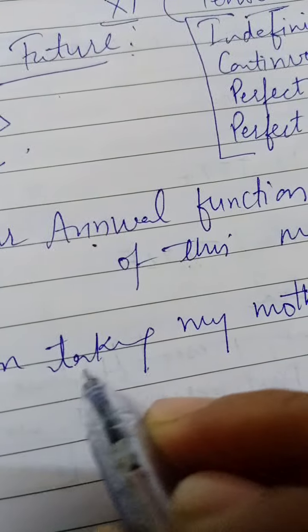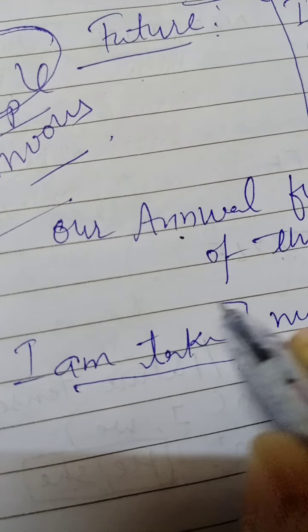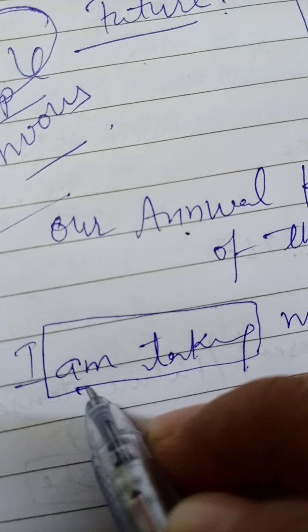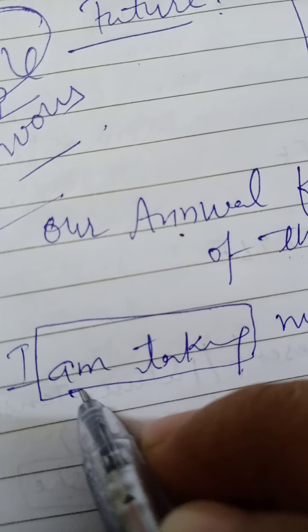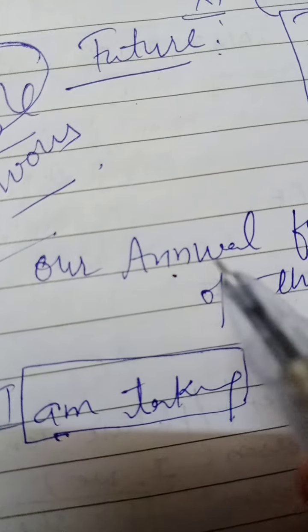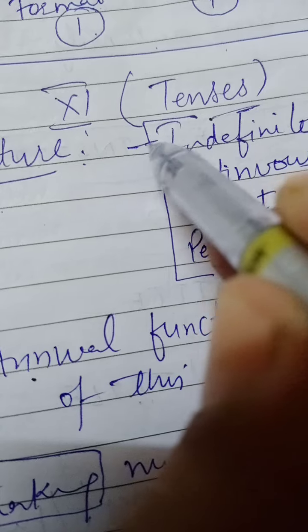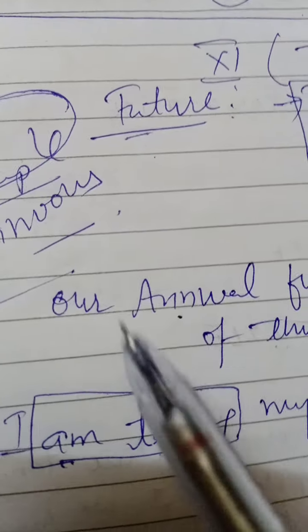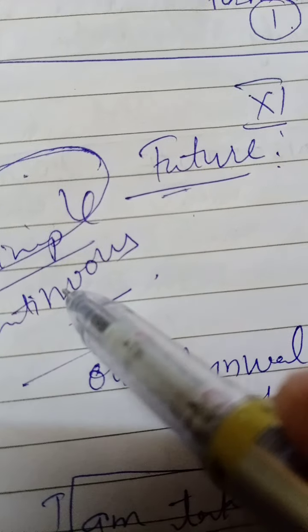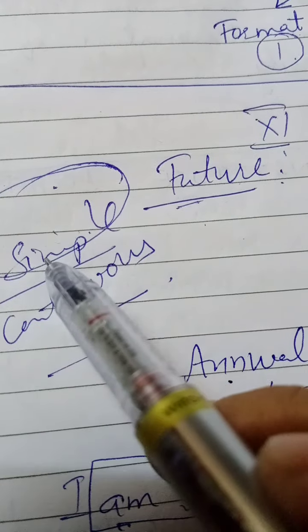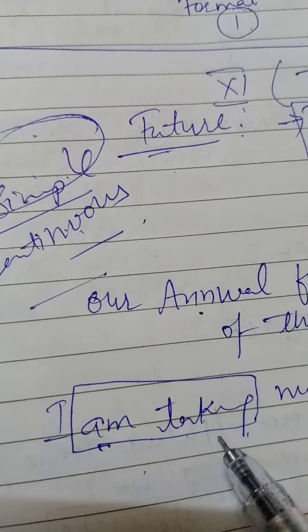See, "I am taking" also shows future. Okay, dear students, you might have studied will and shall in this particular future. So now we are discussing indefinite. Two ways we already have discussed in which future is being shown. First one is simple present and second one is continuous.